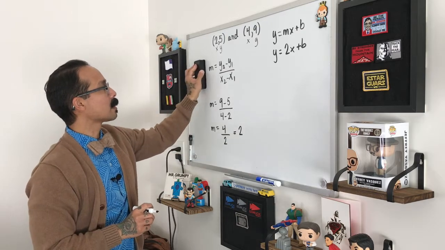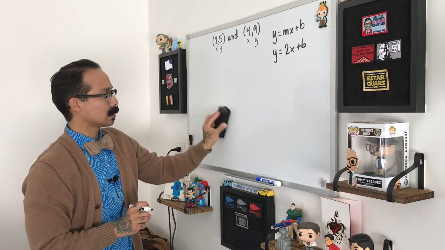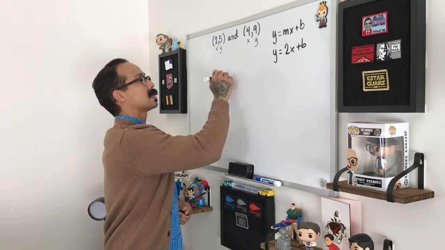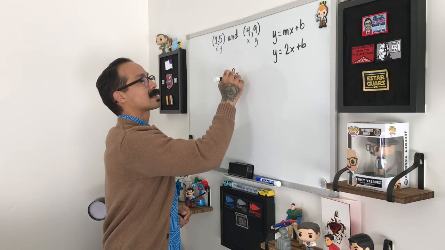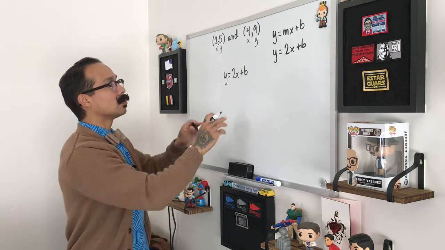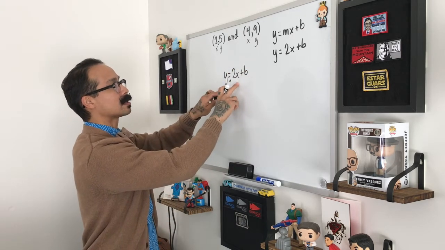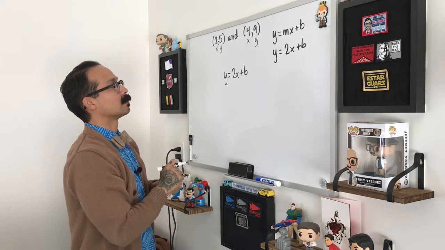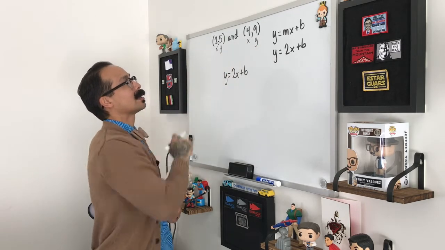So let's do that. I'm going to erase this real quickly and then use this same equation. y is equal to 2x plus b. I don't know what b is yet, but if I substitute for one of these x and y values, I can figure that out. So let's do that with (2, 5).